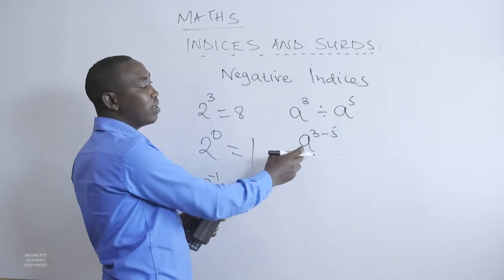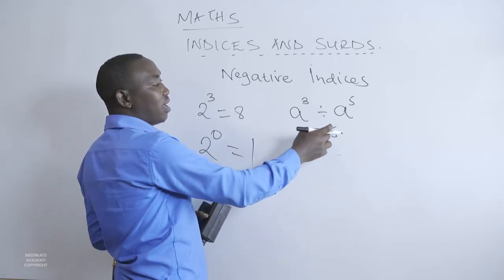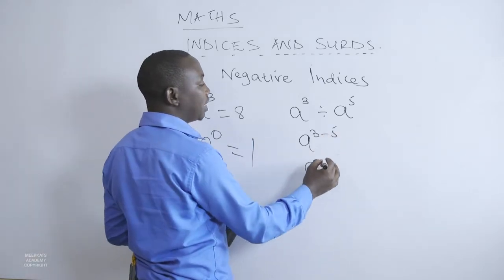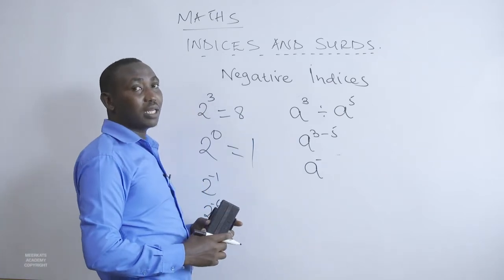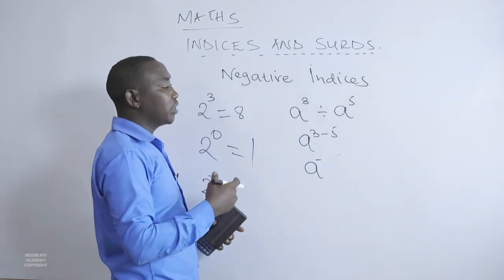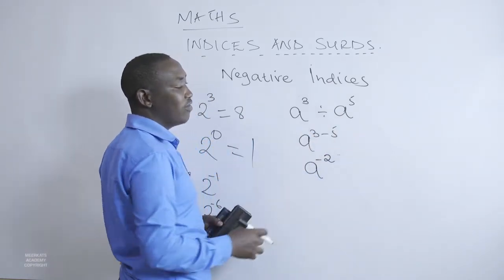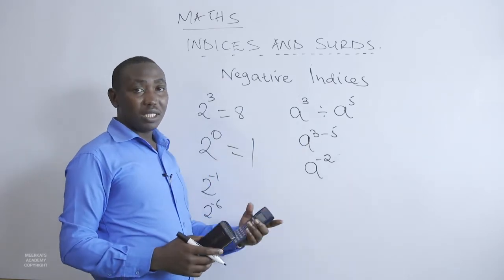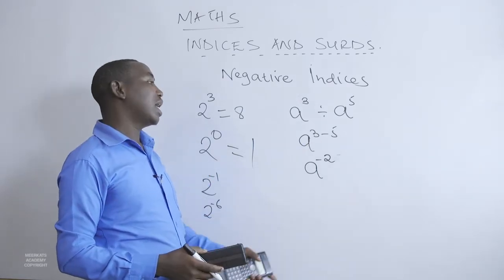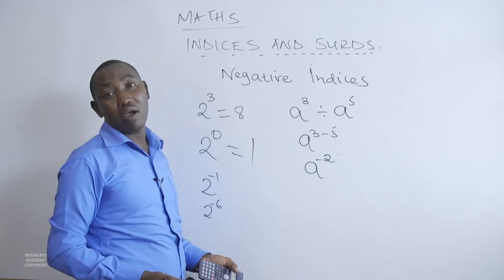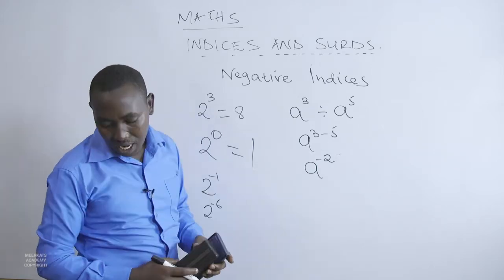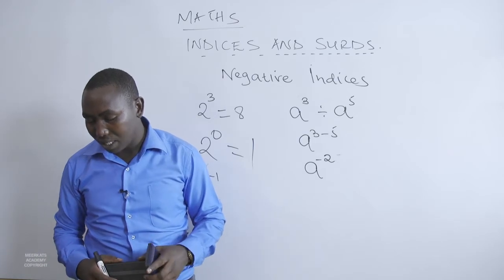You discover that now the problem comes in. Whenever you subtract a big number from a small number, you'll automatically get a smaller number, which is a negative number, and this will give us negative 2. Suppose in that particular scenario, you are required to write this number as a positive power. What do you do? That is what we want to learn and understand.